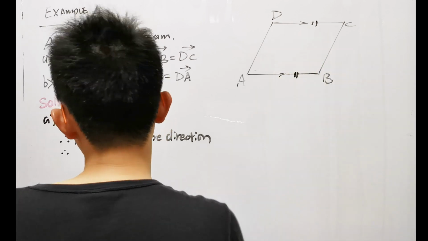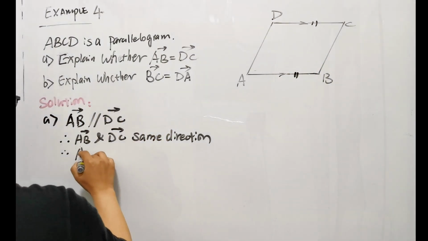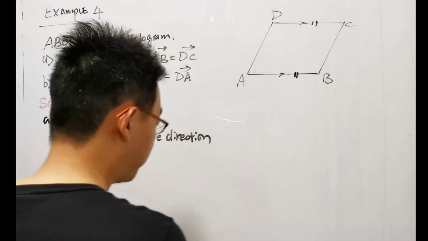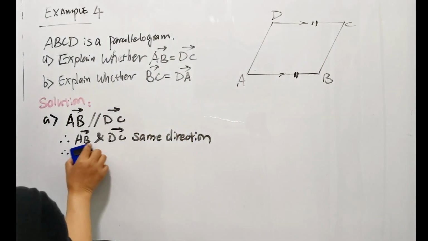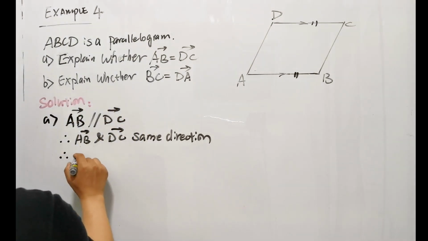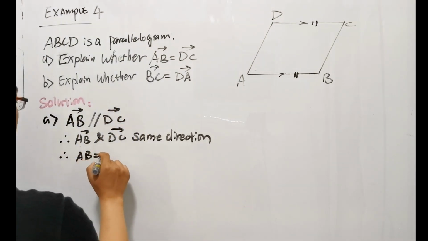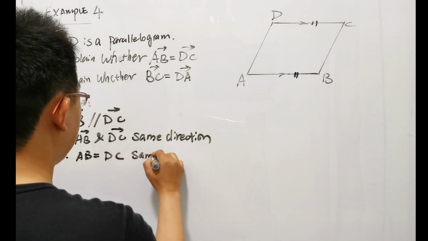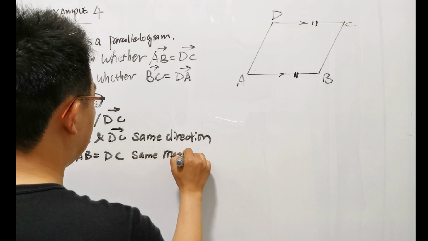are equal. So from here we know AB, in terms of length, AB equals DC. So they have the same magnitude.